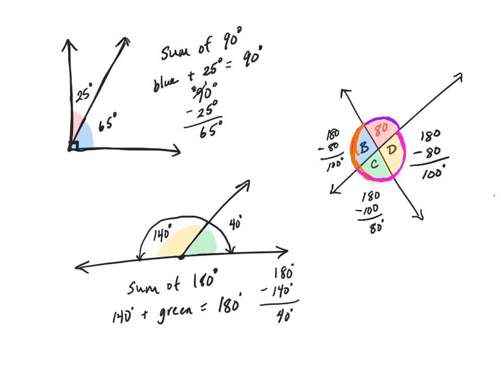You will notice that my vertical or opposite angles, so this angle right here, let's color these the same. This red angle right here, and my green one down here that I'm now going to color red. These two angles right here are vertical angles or opposite angles, and they both have the same angle measure, which is 80 degrees.